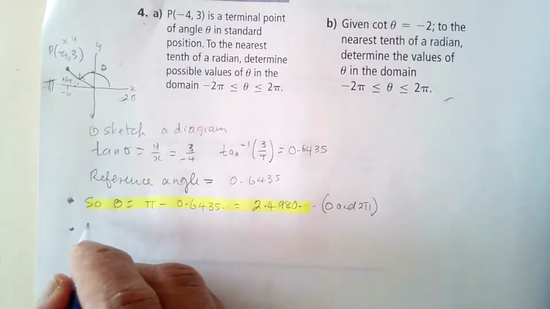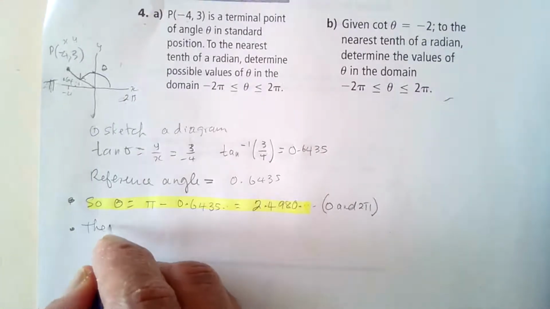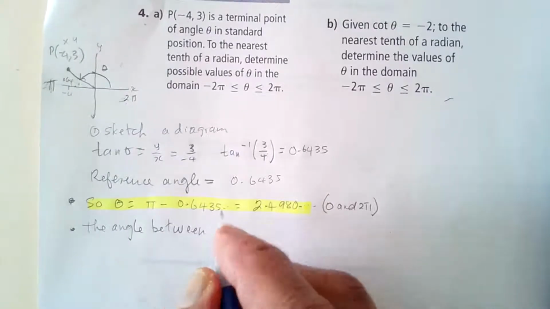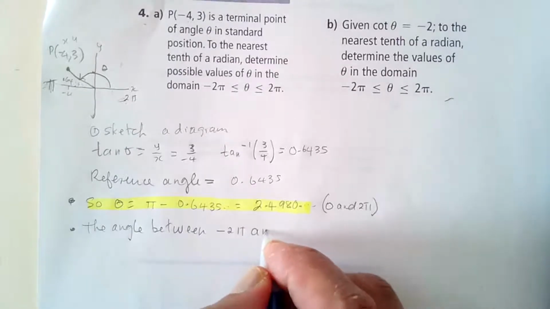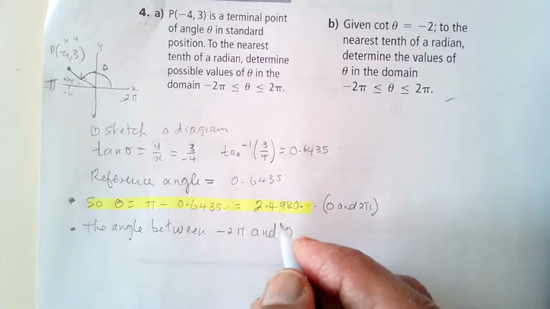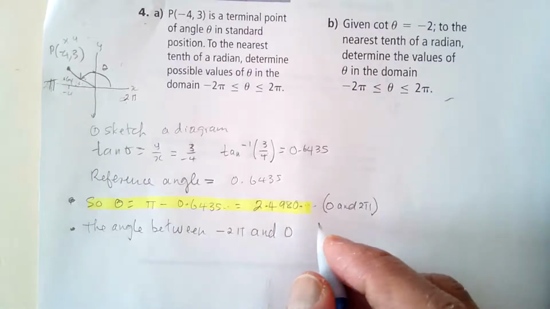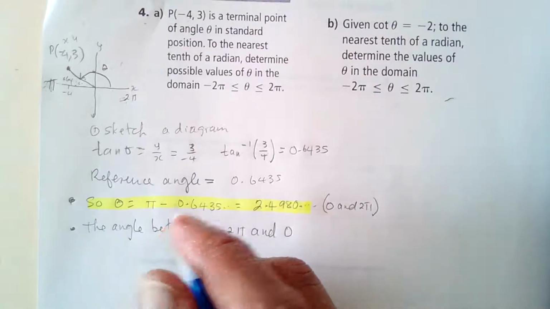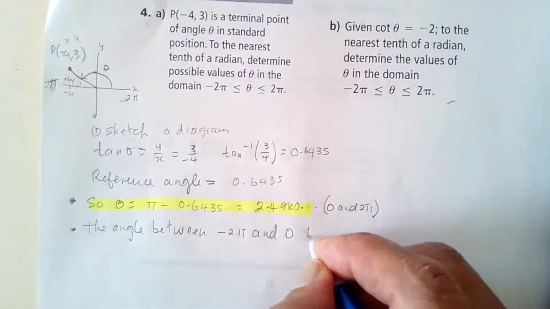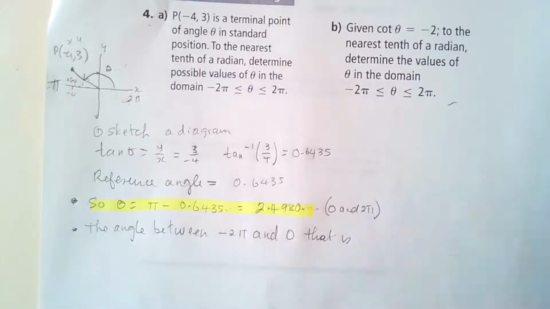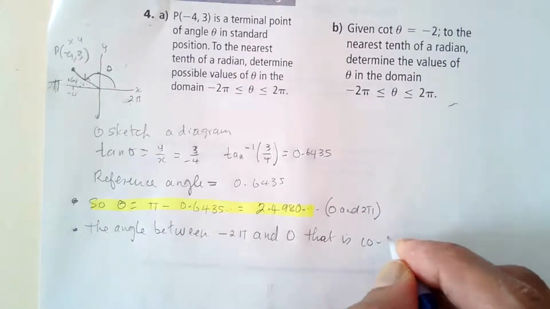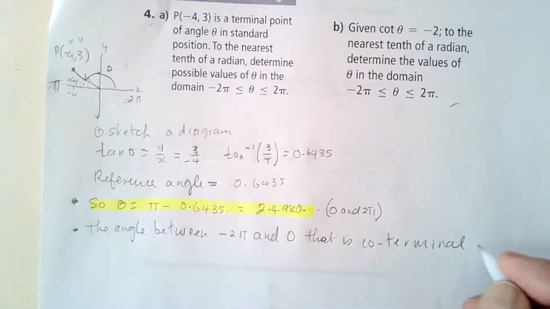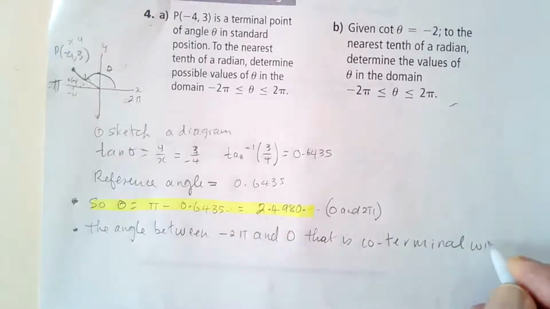Now, to find the angle between negative 2 pi and 0, we have to find the angle that is coterminal with what we found here.